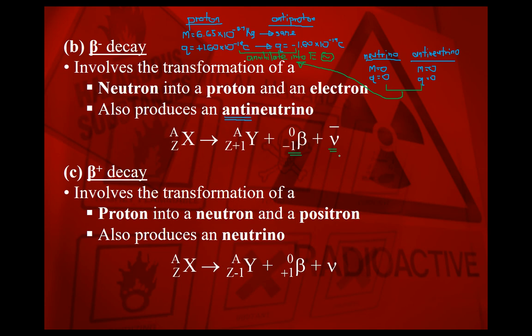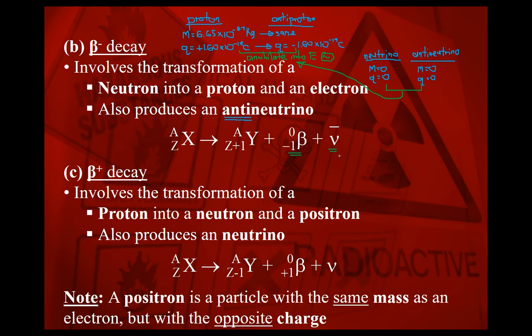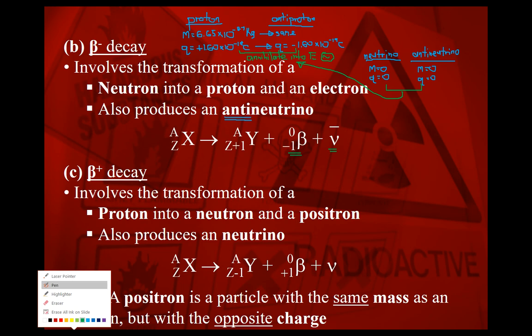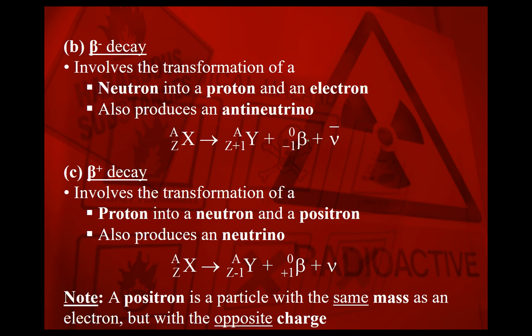You emit a positron, 0 plus 1 beta, and your neutrino. Just to point out, a positron is a particle with the same mass as an electron, but with the opposite charge.